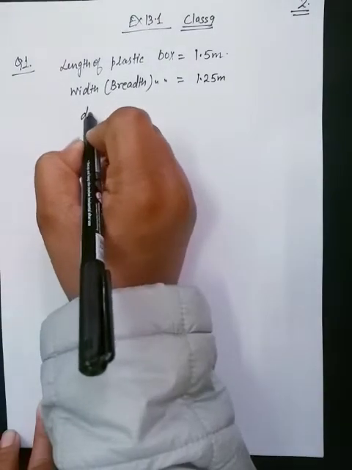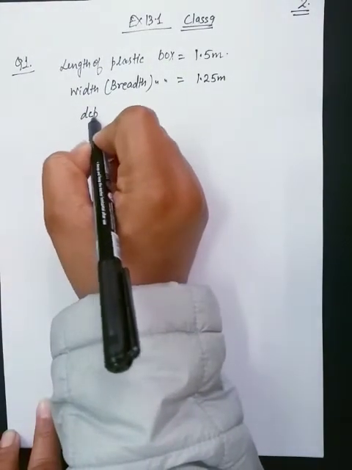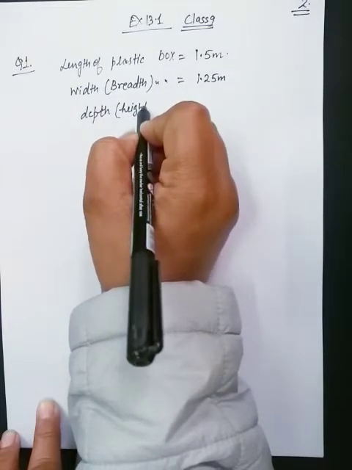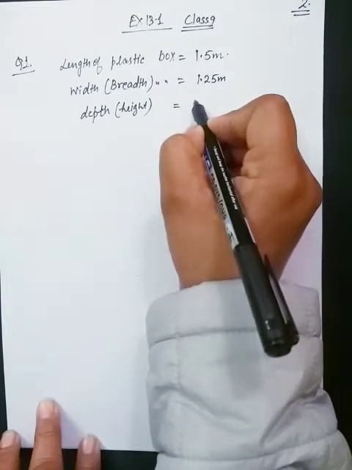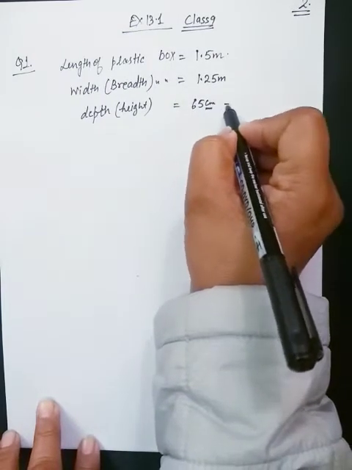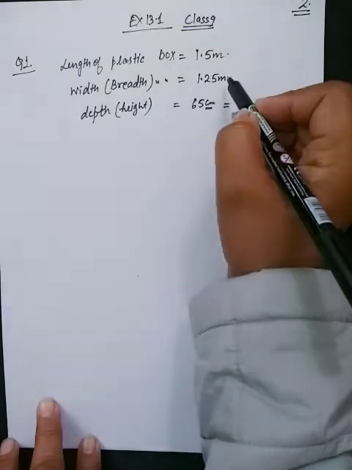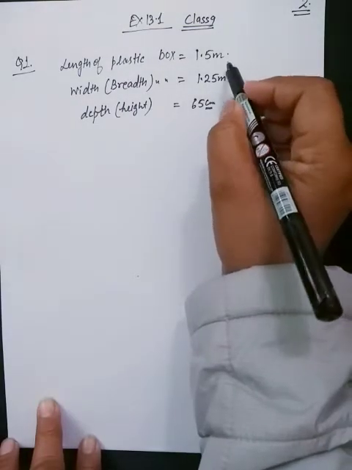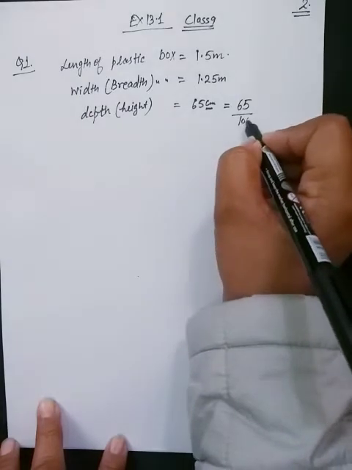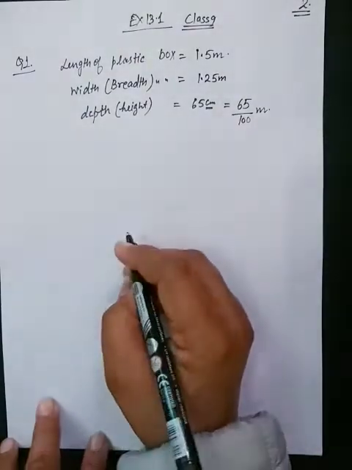And here depth is given. Depth means height. That is 65 centimeter. Here go to unit. This is in centimeter and above 2 dimensions are with unit meter. So we will change it. 65 by 100, it will be converted into meter.